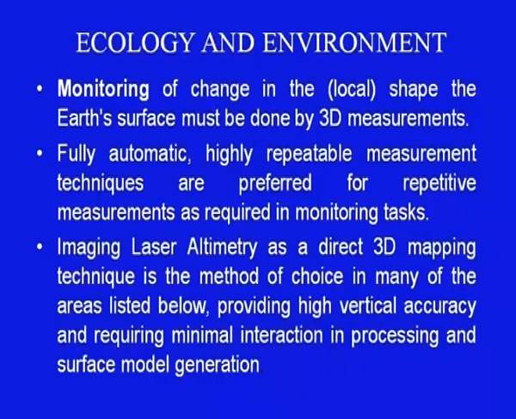Imaging laser altimetry, a direct 3D mapping technique, is the method of choice in many of the areas listed, providing high vertical accuracy and requiring minimal interaction in processing and surface model generation. So, let us look at which are these application areas.